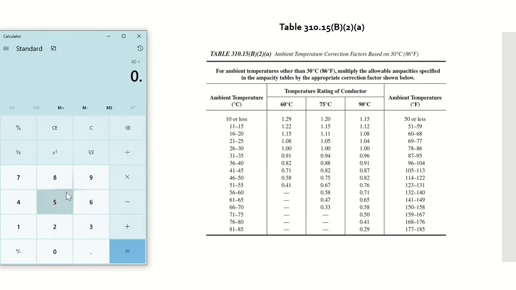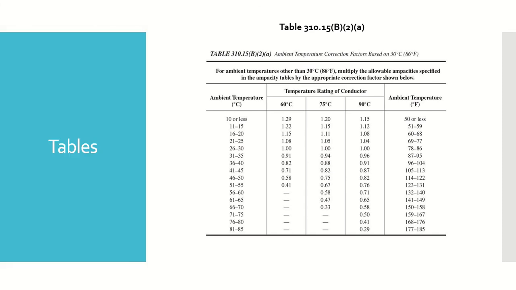times 0.87, and those number 10s installed inside of that AC cable are only good for 34.8 amps because they were installed in that warmer environment. 34.8.